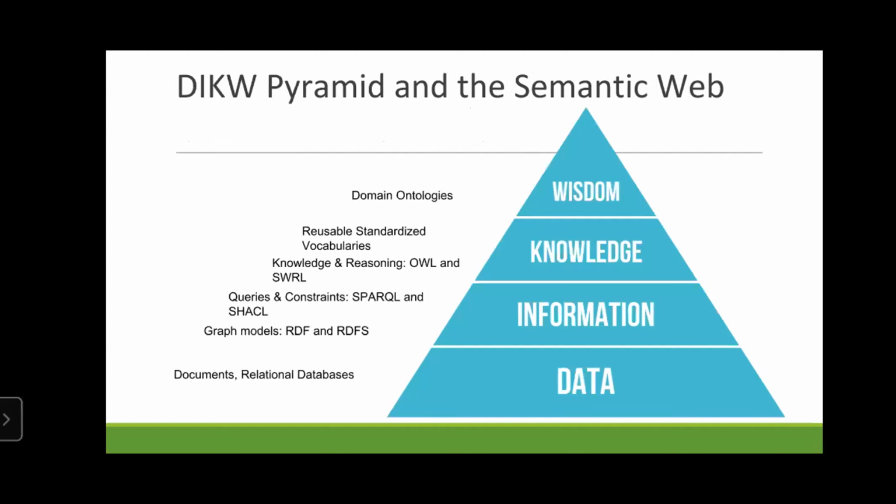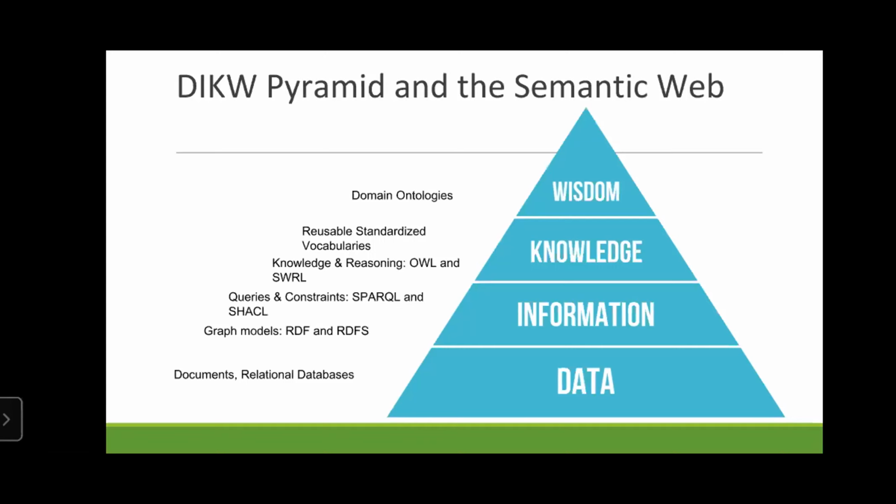And so I just want to wrap up by saying that what I think the semantic web and knowledge representation in general are all about comes down to what's known as the DIKW pyramid, where you take data at the very foundation.